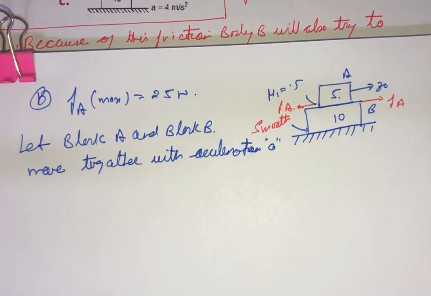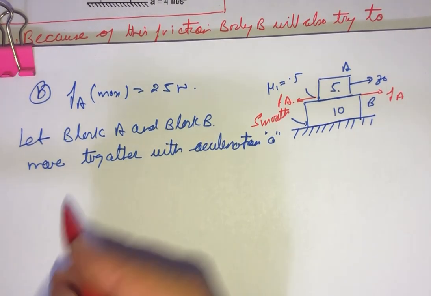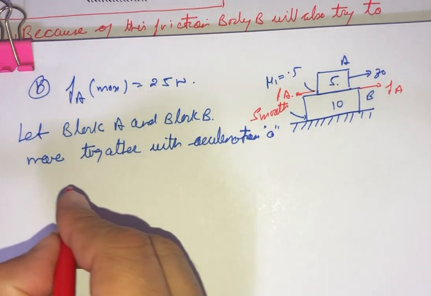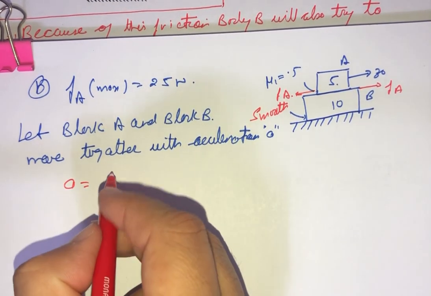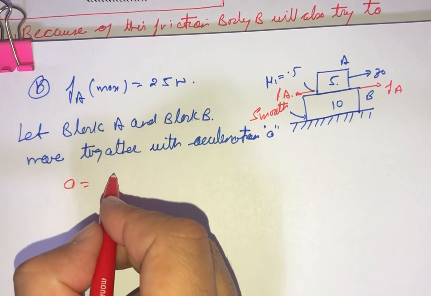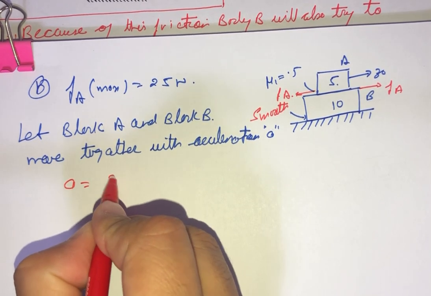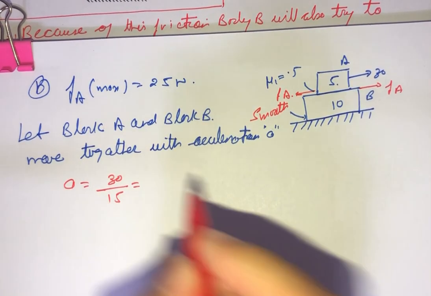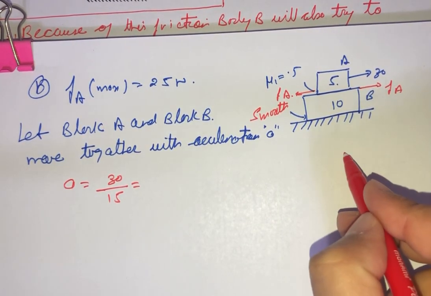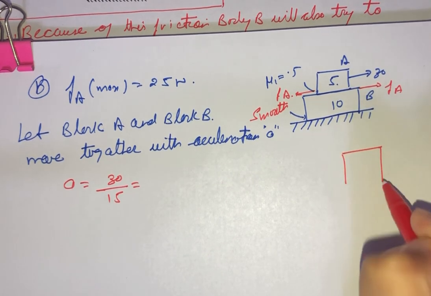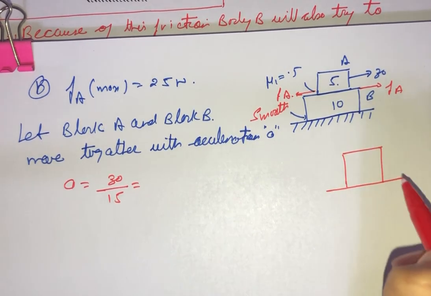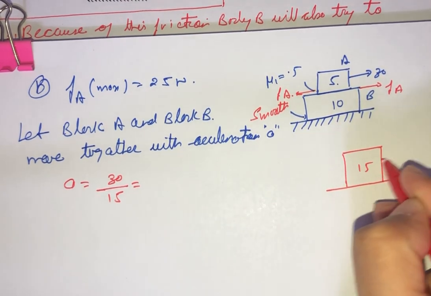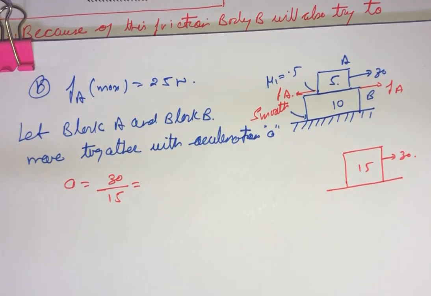Then we can say that our a will be equal to 30 divided by 15. Okay, so we assume that they are traveling as a single big block, whose mass is 15, and applied force is 30.